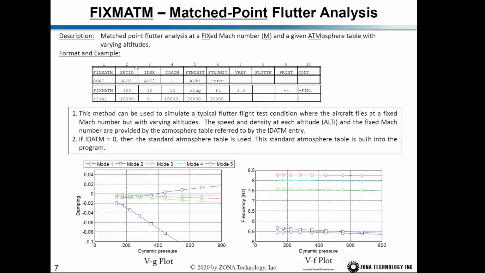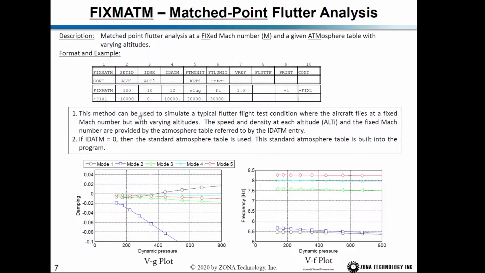And fixed MATM is a match point Flutter analysis. So you give this one, which refers to the MK Aero card. After that, you list a set of altitudes from low altitude to high altitude, and of course the unit of altitude is defined by the length unit.